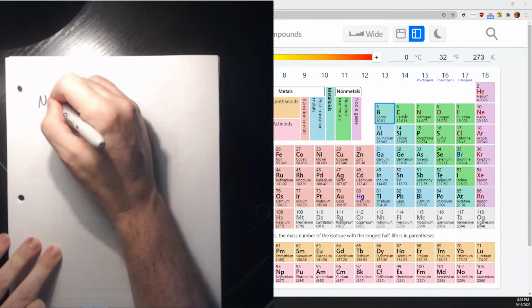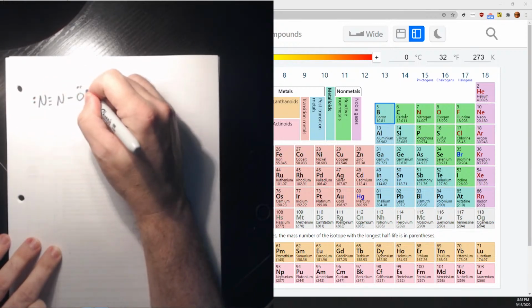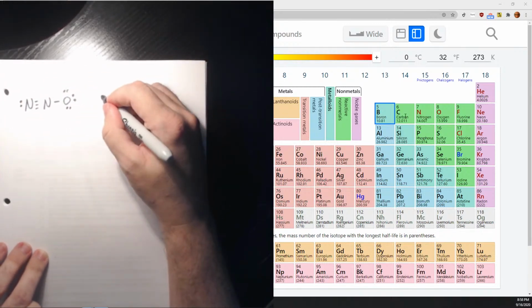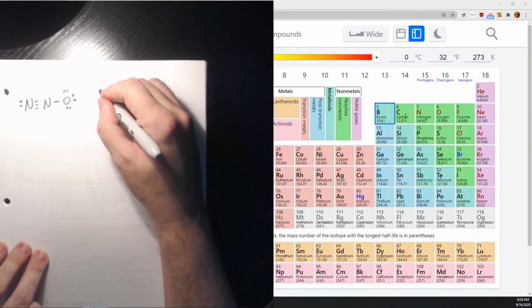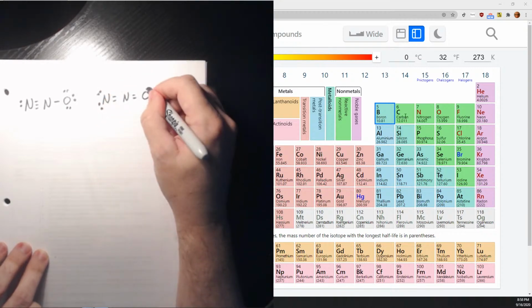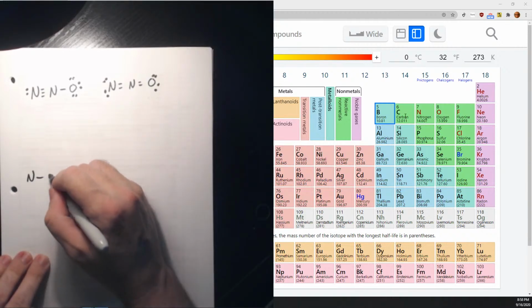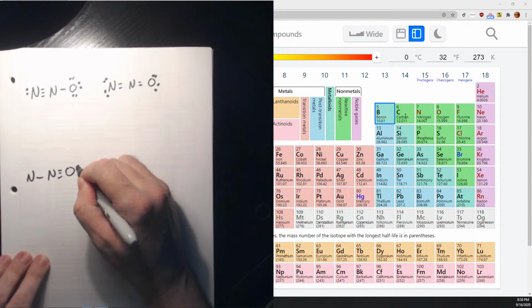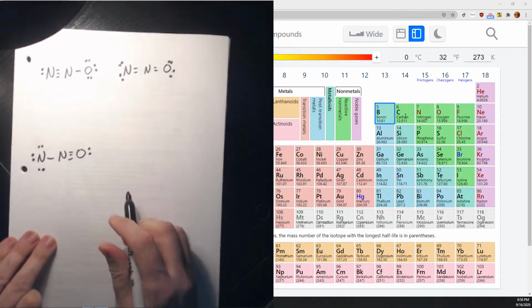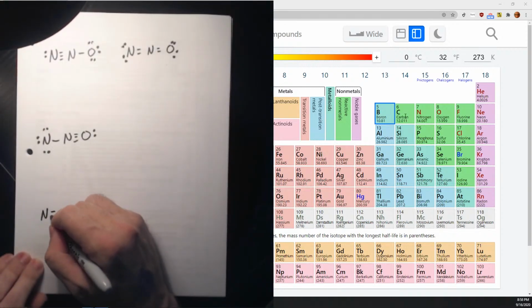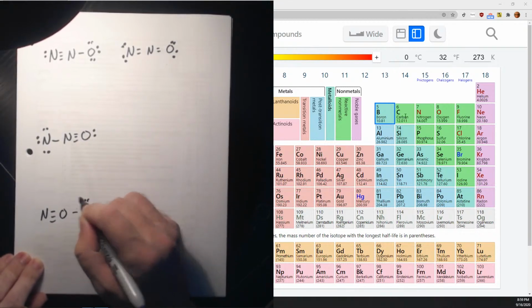So N triple bond, N single bond, O. N double bond, N double bond, O. N single bond, N triple bond, O. N triple bond, O single bond, N, and fill in all these lone pairs.